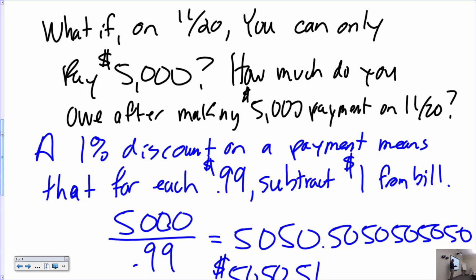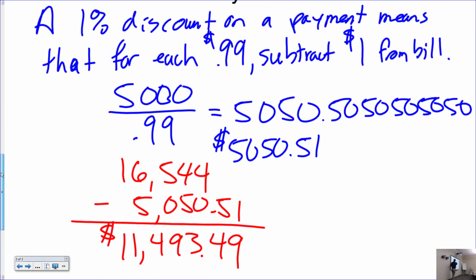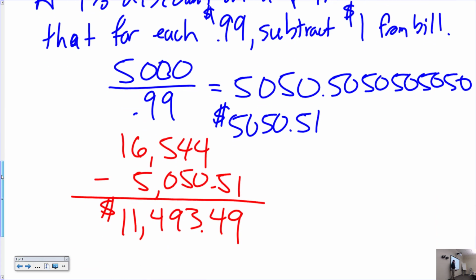Yeah, because it's still within the window. What would we do with that $5,000 payment? Same thing we did last time. We would divide by 0.99, figure out what it's worth, and then subtract that from where we were at. In theory, you could keep doing this as many times as you want, as long as the discount window is still open.